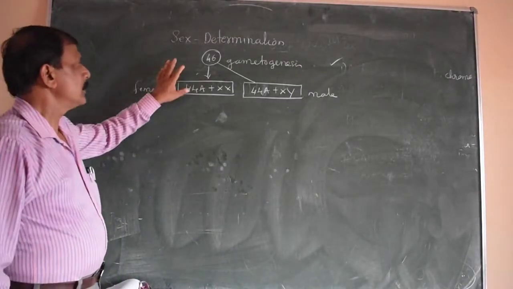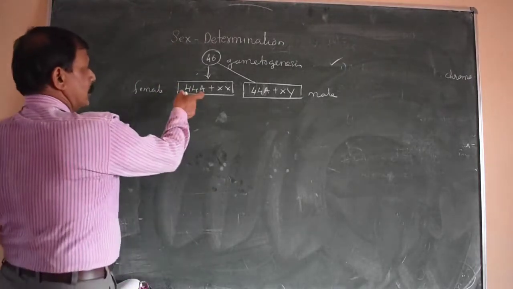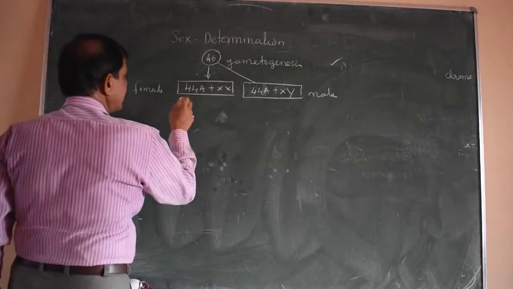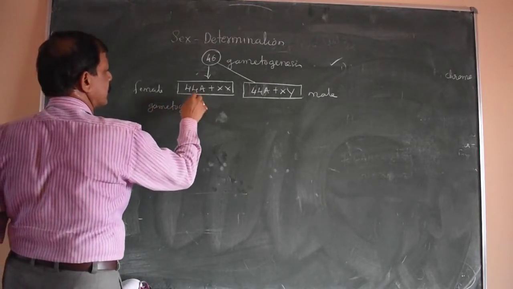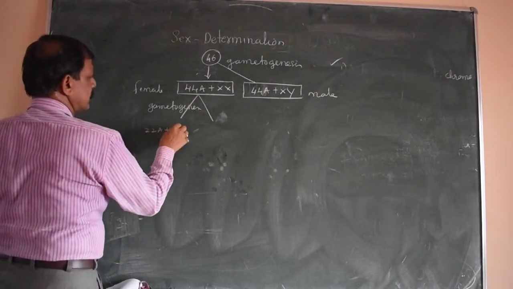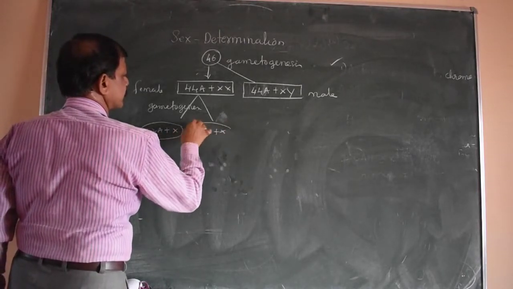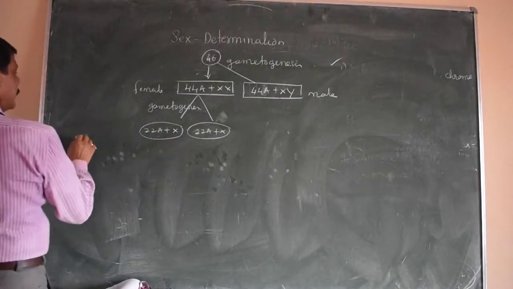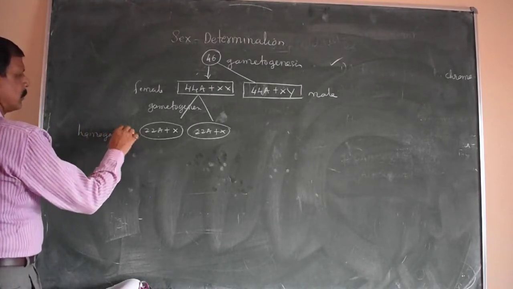These are the two different types of karyotype, female and male. During gametogenesis, the female produces gametes that are 22A plus X, and here also 22A plus X. Both are the similar type, and that is why they are called homogametes.